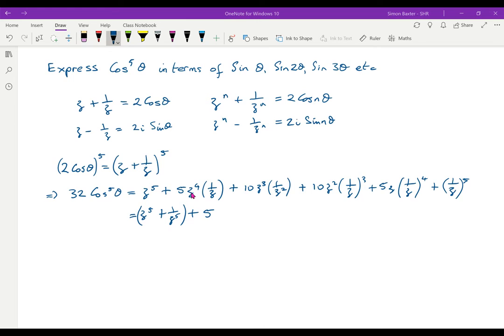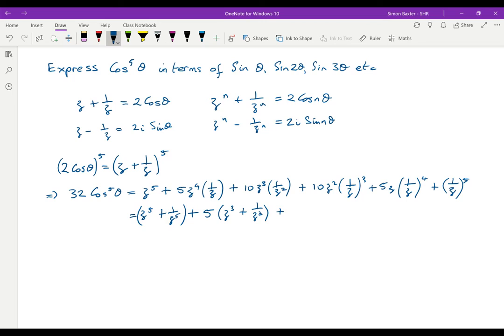We get 5 times z cubed. Moving up here, 5z over z to the 4 is 5 over z cubed. 5z cubed, 5 over z cubed. That is going to be 5 times z cubed plus 1 over z cubed. And I like that one.